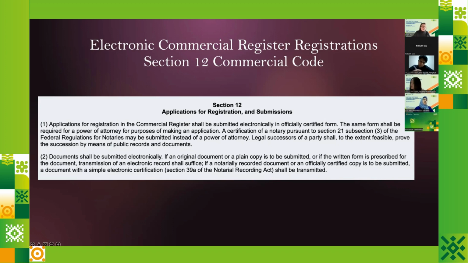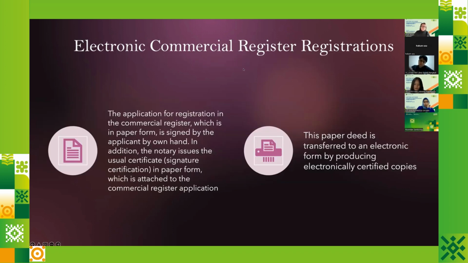Documents shall be submitted electronically. If an original document or plain copy is to be submitted, or if the written form is prescribed for the document, transmission of an electronic record shall suffice. So you see already preparation for the digital registering in the commercial register. It is necessary to have it mostly electronically to make the application.